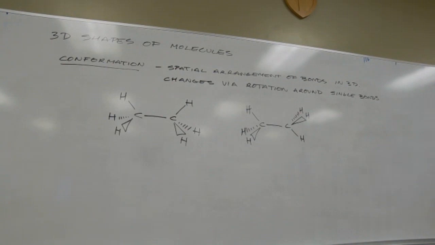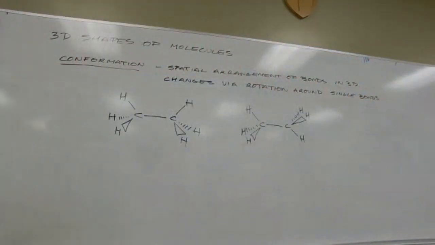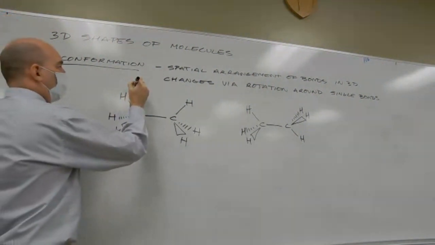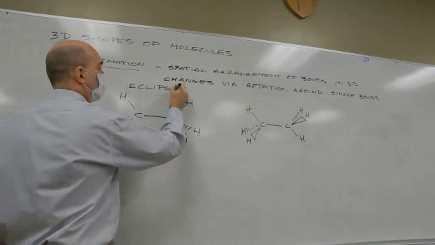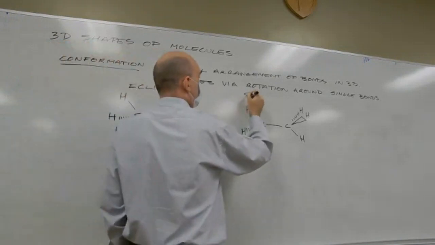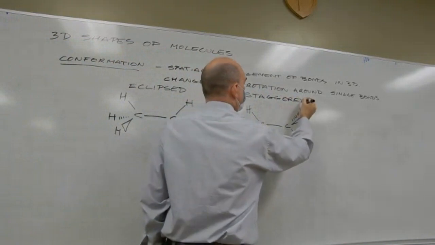Here, for a very simple molecule, ethane, I have two conformations. They are called eclipsed and staggered.